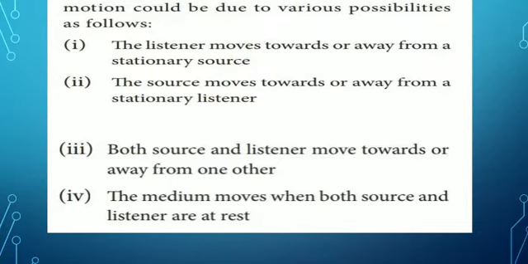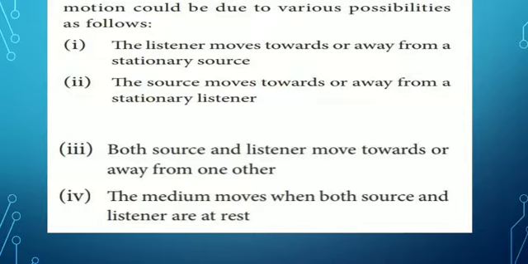Suppose you are standing in a railway station and you are moving towards the source. That is the first case: the listener moves towards or away from the stationary source.